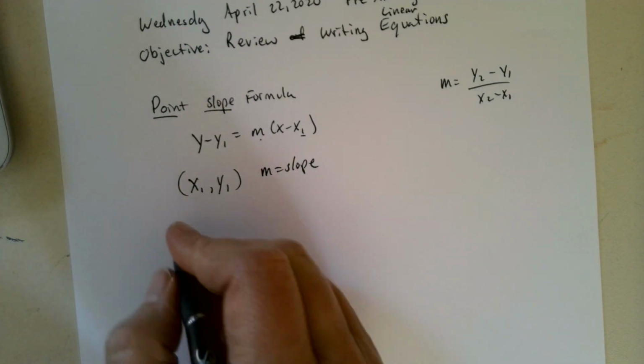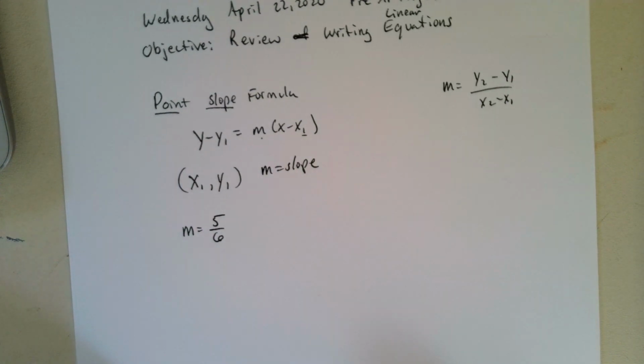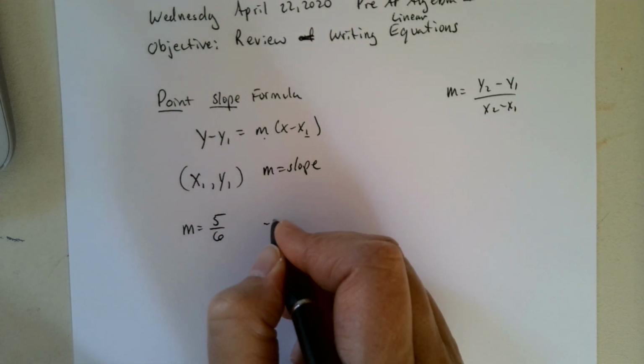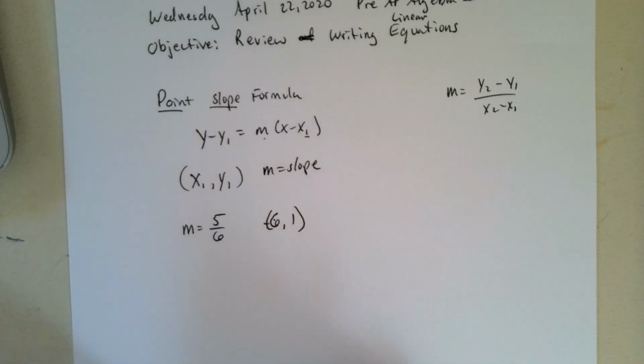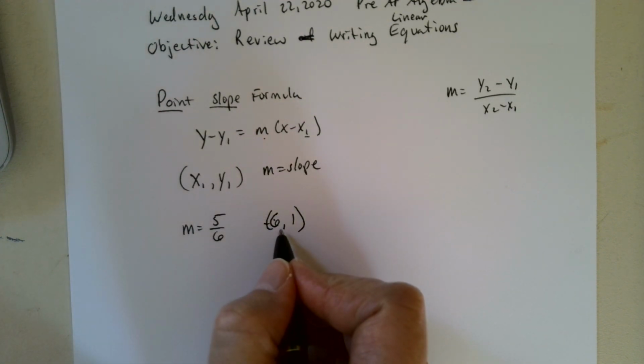So if they tell us that the slope of a line is 5/6, and that a point on the line is (6, 1), we have our slope and we have our point.